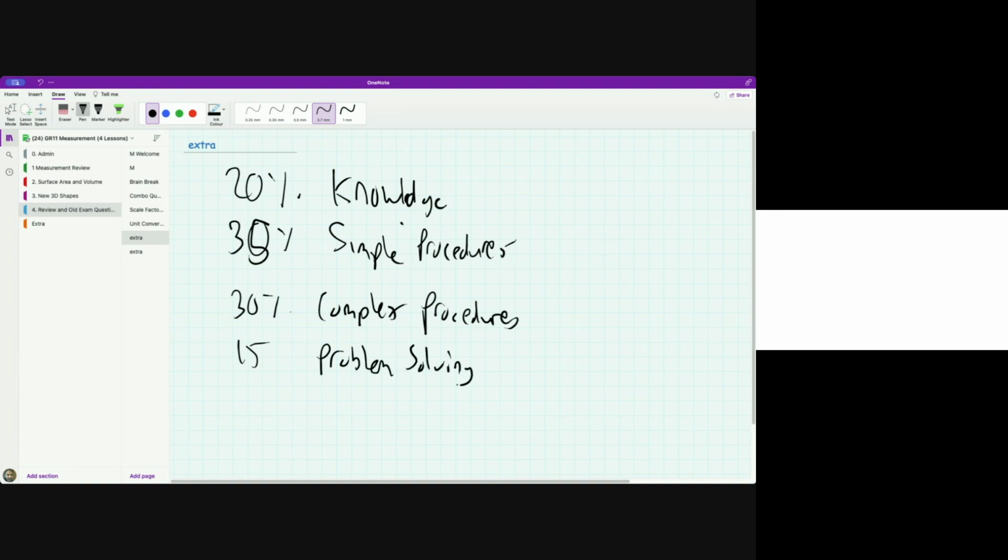Now, the problem solving marks are always very hard to get. I would spend my time, if you're someone who finds maths relatively hard and you get a bit stressed in the exam, I would go with a green highlight at the beginning. And I would highlight all the questions that you think are either knowledge or simple procedure questions.